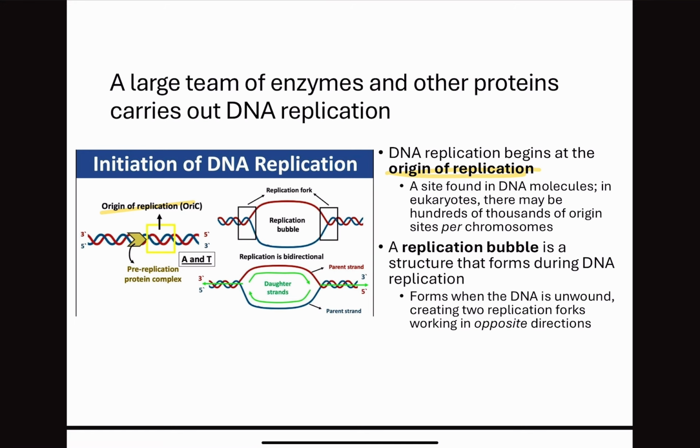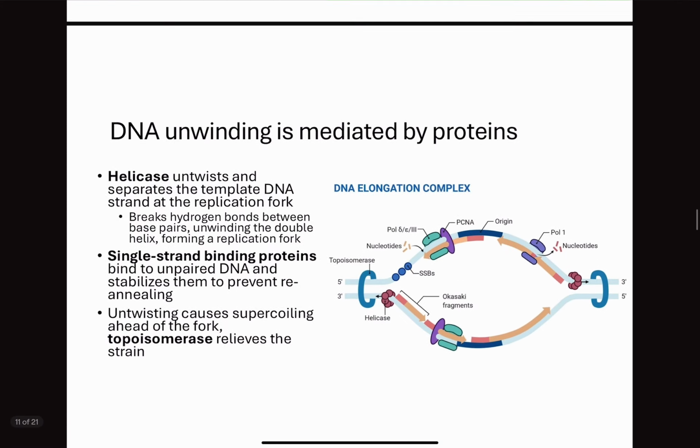At the origin sites, the DNA strands are going to separate and form a replication bubble with replication forks at each end, where the parental strands of DNA are being unwound. And that replication bubble elongates as the DNA is replicated and eventually it fuses again.